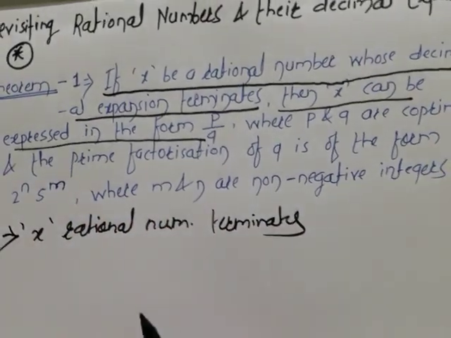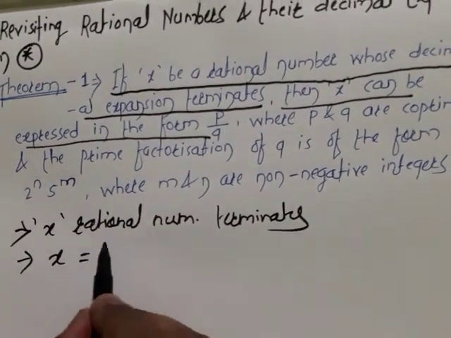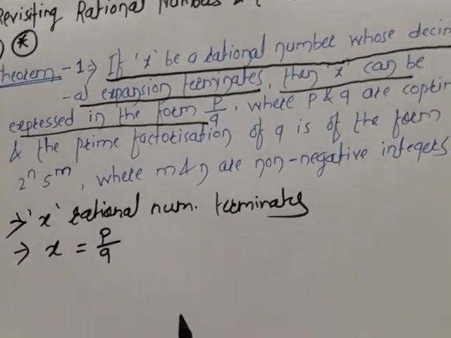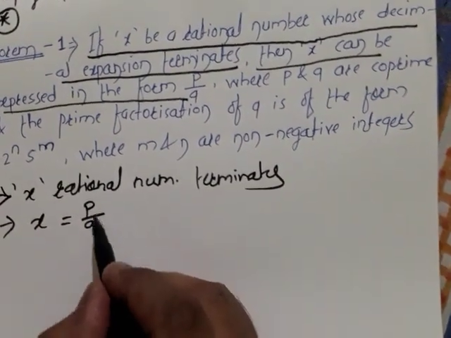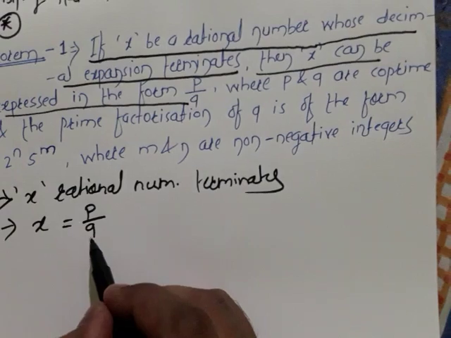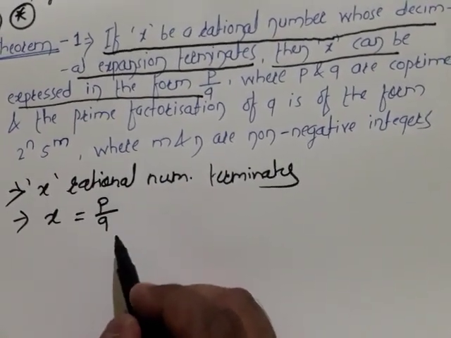expressed in the form of p upon q. Then we can express x in which form? P upon q, where p and q are co-prime. You know what is meant by co-prime. Here p is the numerator, q is the denominator.